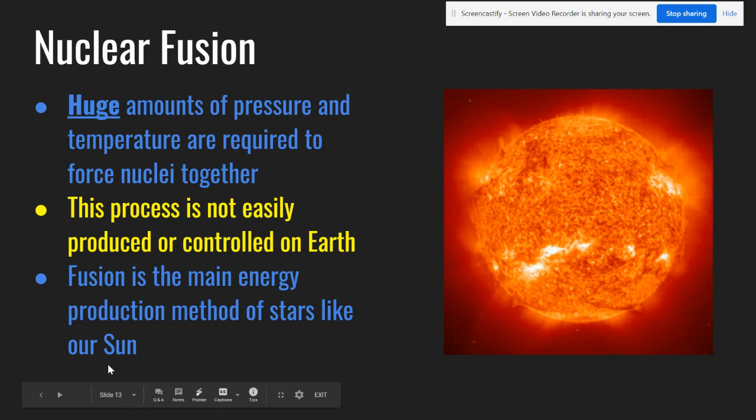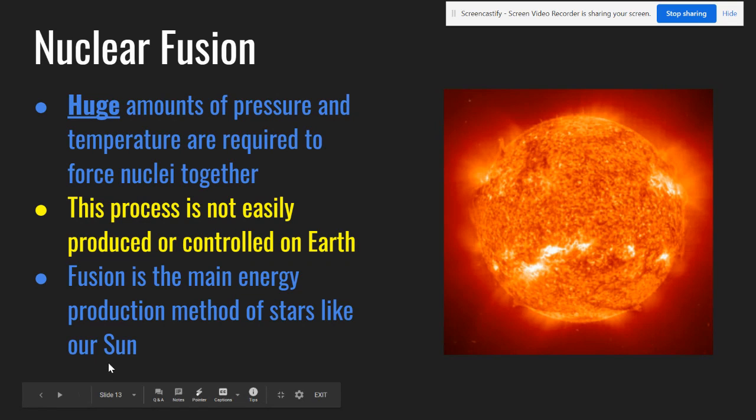Okay, so this one requires a lot of pressure and very, very high temperatures. So it's stuff that's done very easily by stars, but it's not something that we're able to recreate here. Okay, we cannot get the pressure high enough on Earth to replicate that.